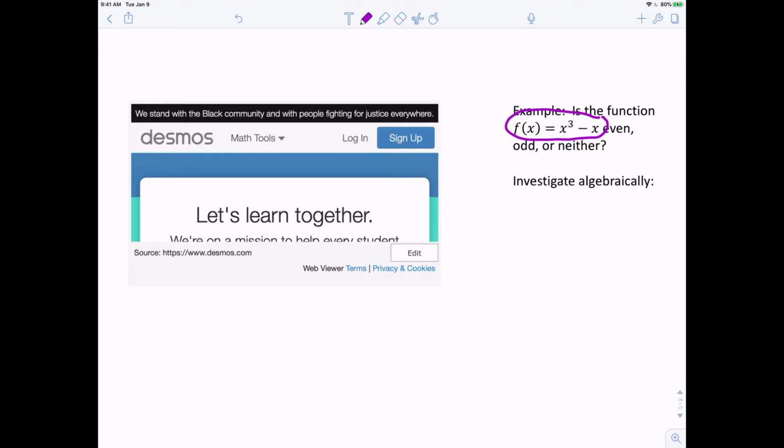But this specifically asks us to investigate this algebraically. And so to investigate if a function is even algebraically, the question we have to ask ourselves is, do x and negative x have the same y coordinate?